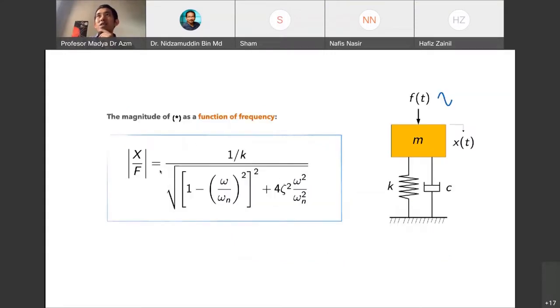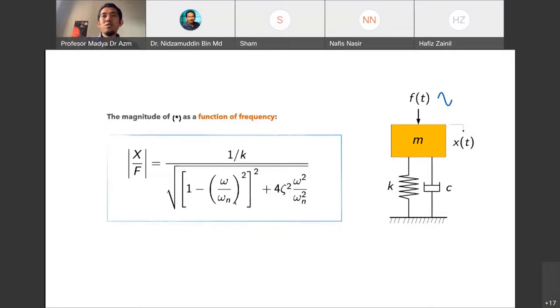Okay, so the equation here will be much more beautiful compared to the previous one. The previous one is a complex number, so if we take the modulus, we end up with this one. But we as lecturers will not post this for the students just for the sake of equations. The students have to understand what this equation is trying to inform us about the behavior of the system.